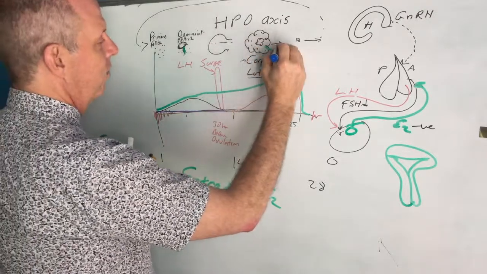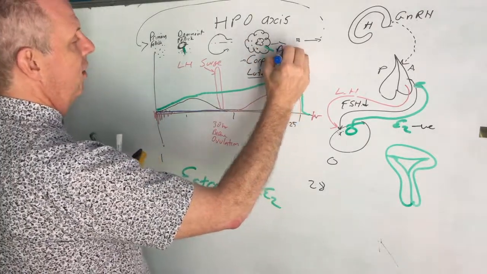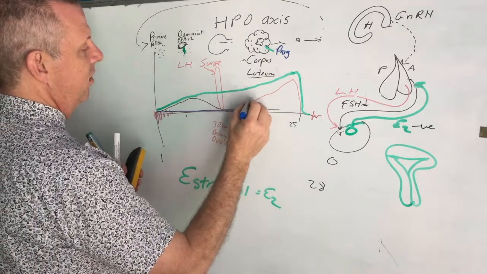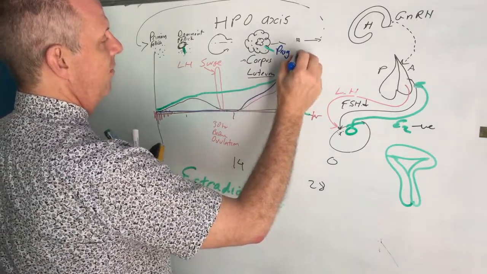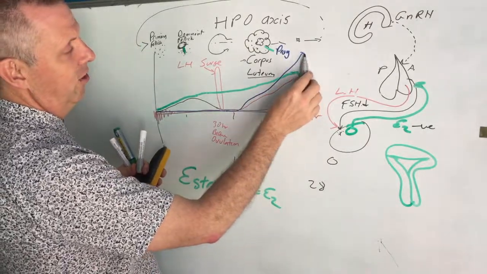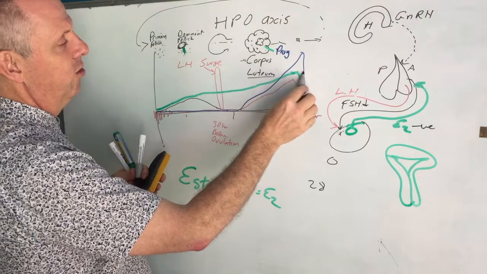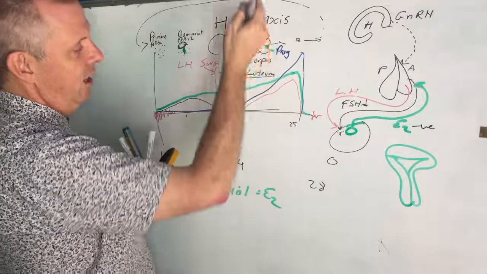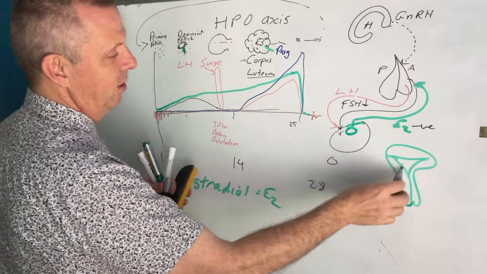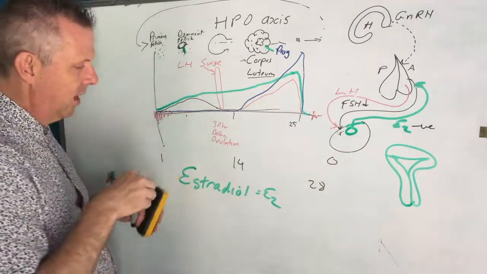Progesterone only comes from the corpus luteum. It's the only thing that makes progesterone, and so then it starts to increase, and again, if you haven't fallen pregnant, it drops down. And it's this sudden withdrawal of progesterone and estrogen, that sudden drop, which is the stimulation for the endometrium to shed.